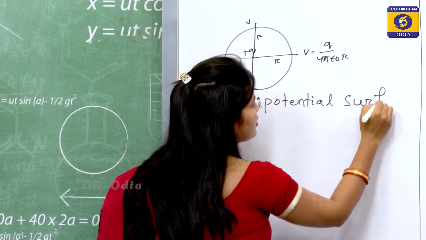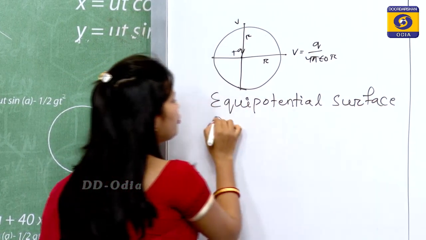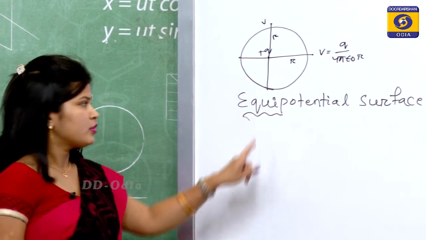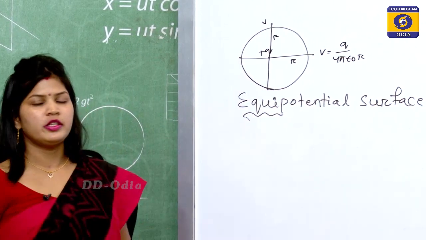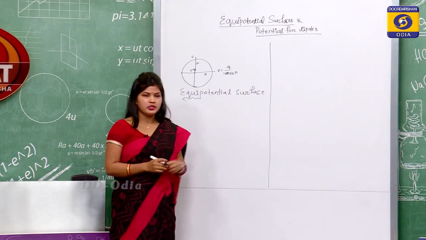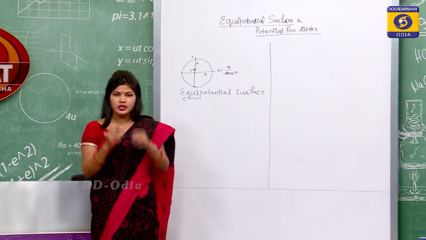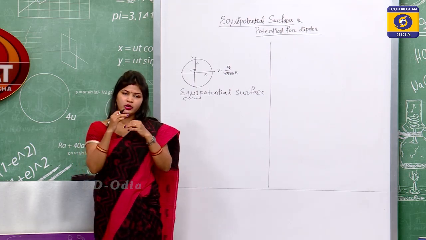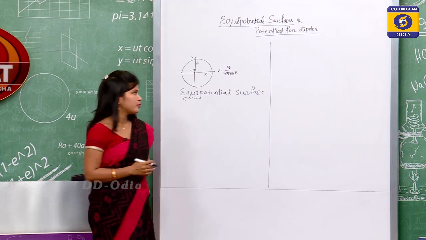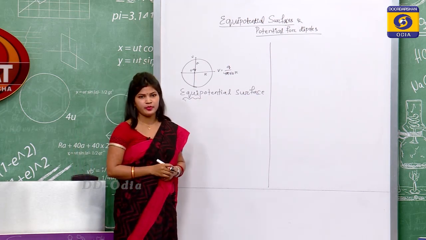Equi means same, so same potential. Okay. So, let us define equipotential surface. Equipotential surfaces are imaginary surfaces on which at every point potential is same.